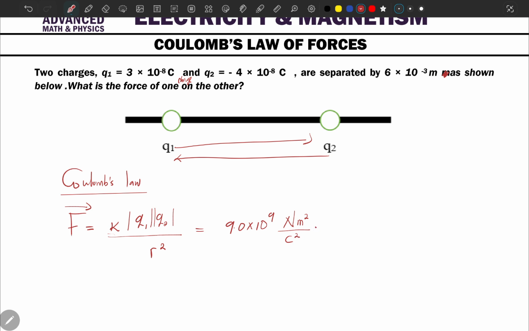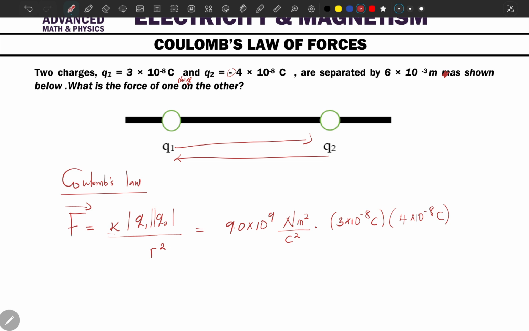Okay, we are multiplying what? Q1 is 3 times 10 to the power negative 8 coulombs. And Q2, now remember, we are taking the magnitude, so the negative is already dealt with. That's why I put these bars. So I'm only going to put 4 times 10 to the power negative 8 coulombs, and not the negative.